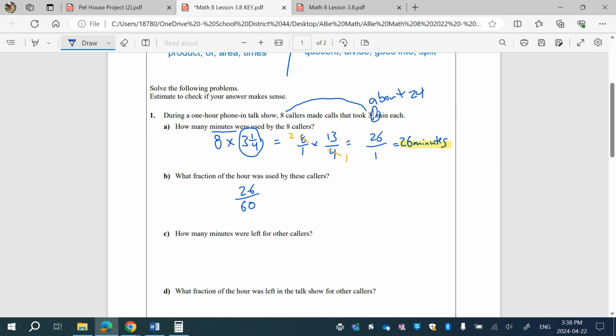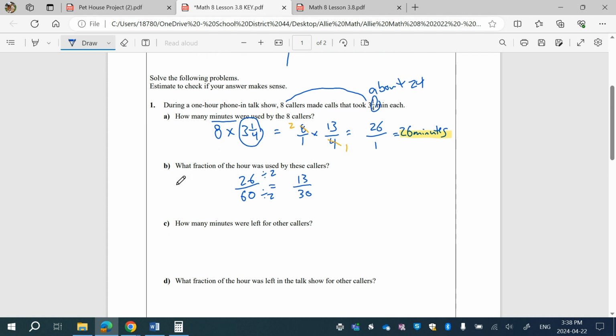Okay, 60 would be an entire hour, and we used 26 of them. So that's a fraction for the hour. Looks like we can reduce that because they're both even. So let's divide top and bottom by 2, and we get 13/30. Okay, so there you go. That's the fraction of the hour that was used by these callers.